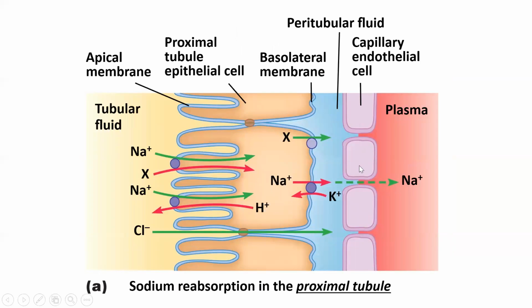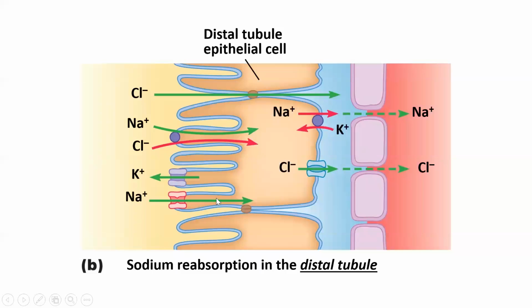It's just going to leak into the cell, whereas here, specific leak channels just for sodium will be inserted, and that's going to increase the amount of sodium that can be reabsorbed. And then the same mechanism happens across the basolateral surface. It's actively pumped via the sodium-potassium pump. So just to point out the difference between the regulated reabsorption of sodium in the distal parts of the tubule and collecting duct and the non-regulated reabsorption in the proximal tubule.